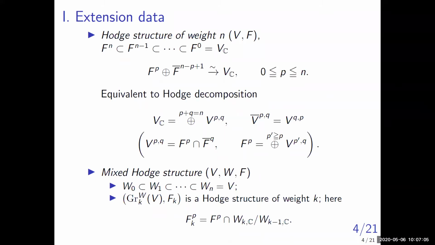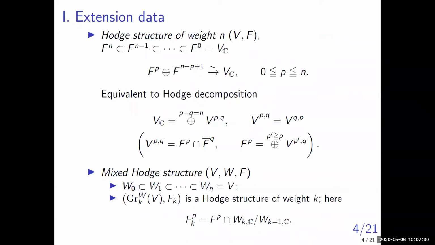A mixed Hodge structure has the additional data of a weight filtration W defined over Q. F is only defined over C. The weight filtration here, I'll take it to have length n. I'm thinking really of the mixed Hodge structure on the nth cohomology of a complete variety.